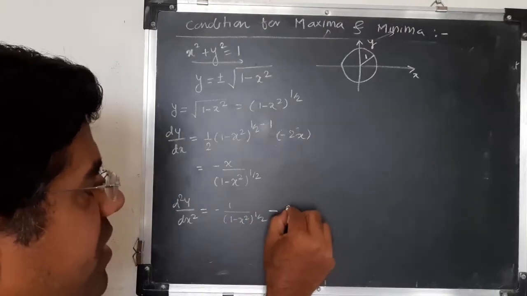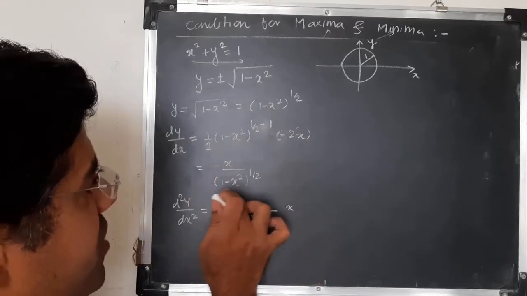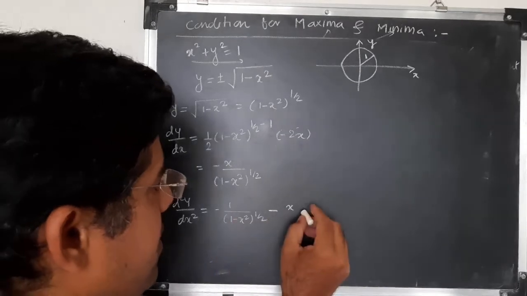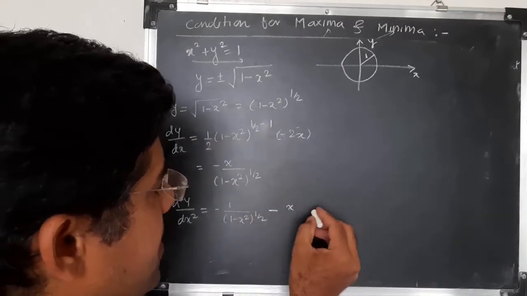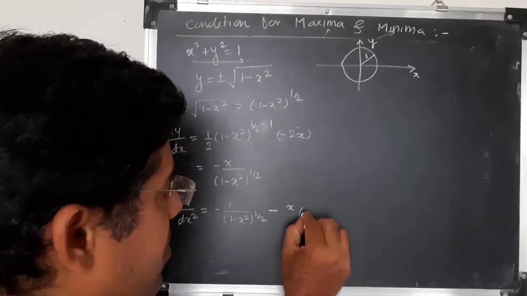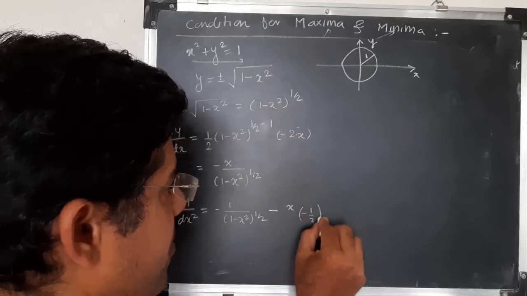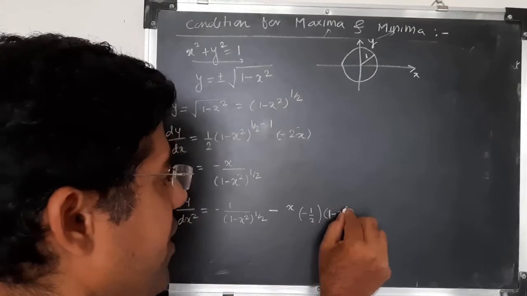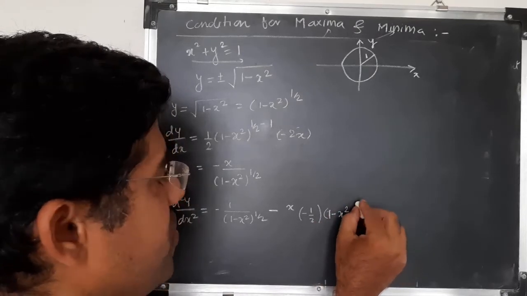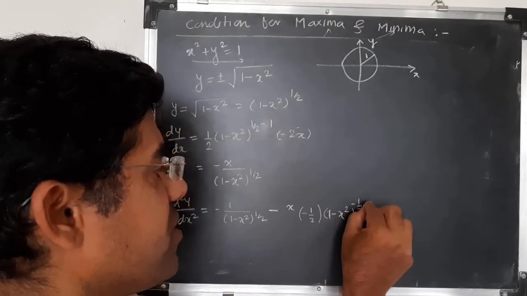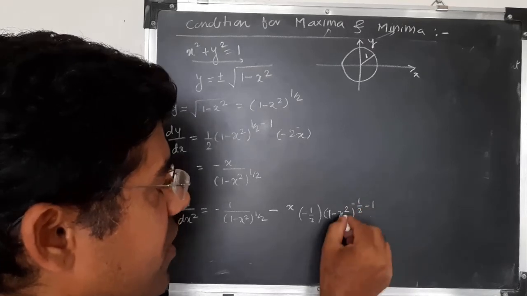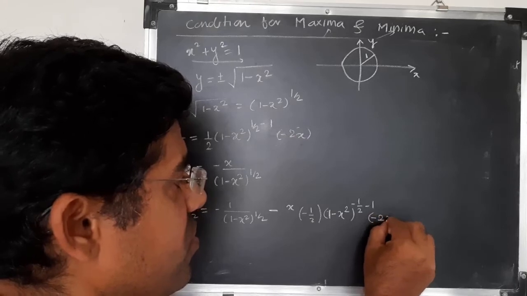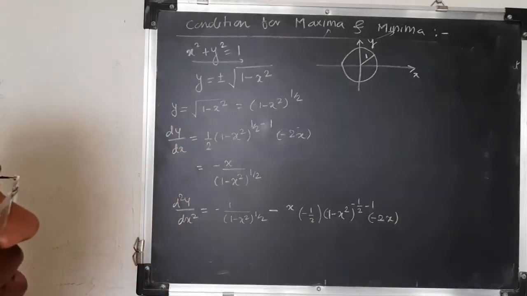This minus x stays as it is, and then the derivative of the other part: minus half, 1 minus x square raised to minus half minus 1, into the derivative of 1 minus x square, which is minus 2x.